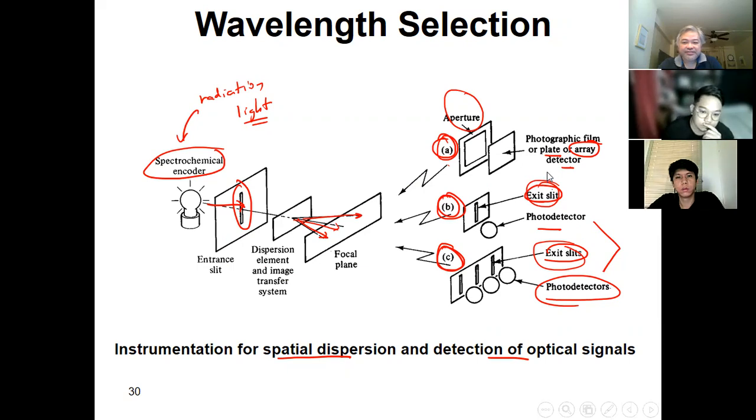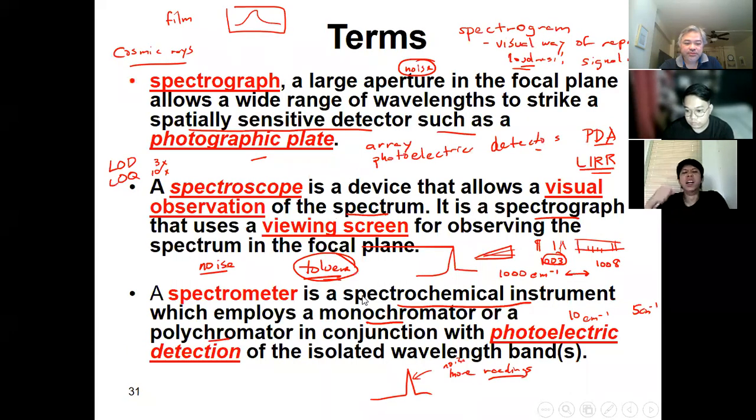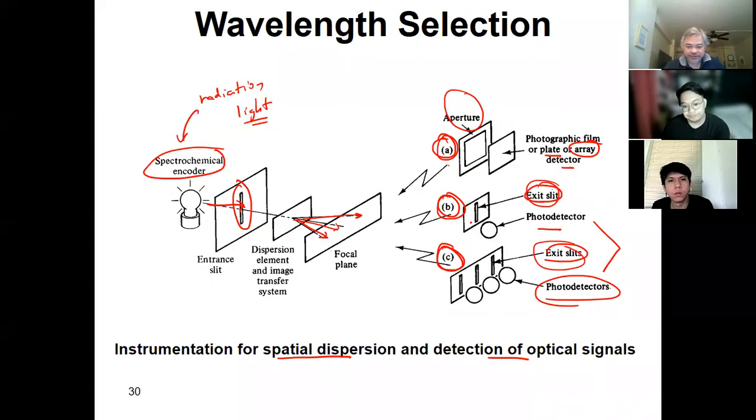So these are, we could say, the typical thing that you have, whether you have AAS, fluorescence, chemiluminescence, or the typical UV-Vis. If you have what we call a spectrometer, usually you have a photodetector placed outside what we call the exit slit.